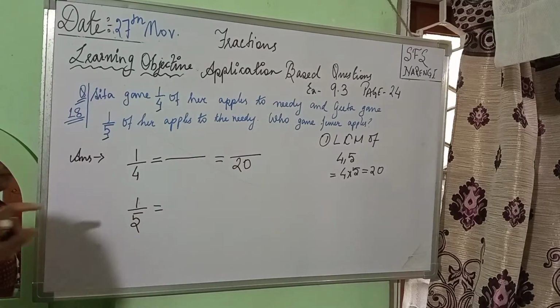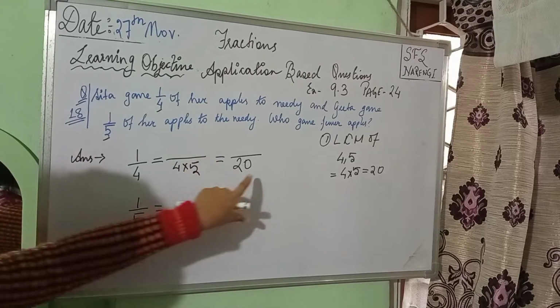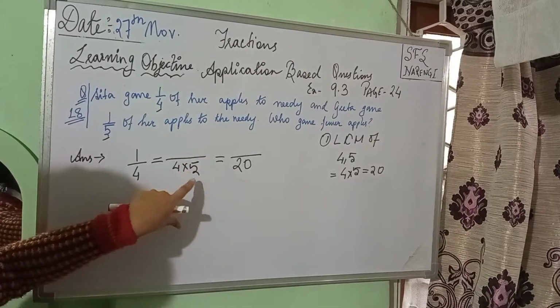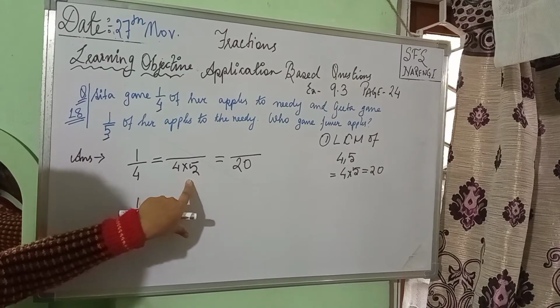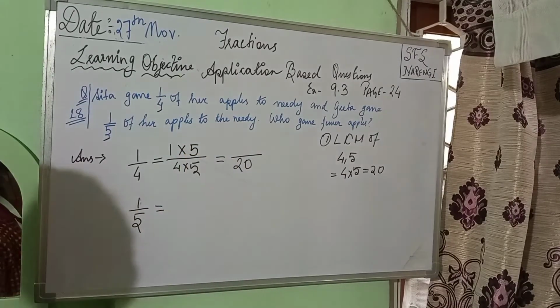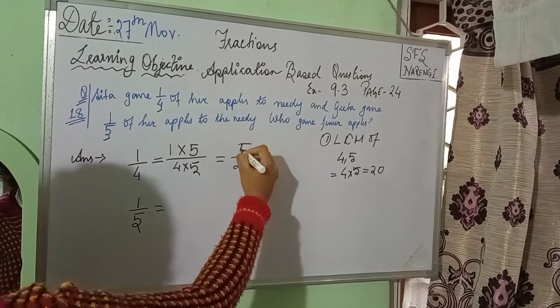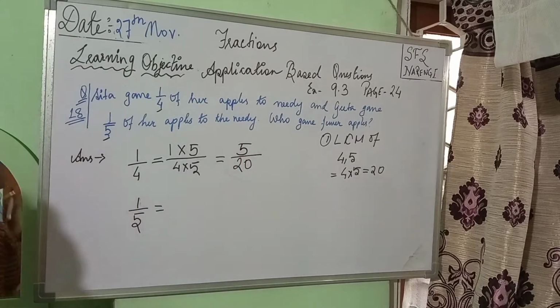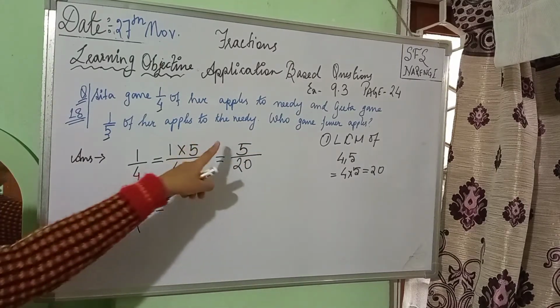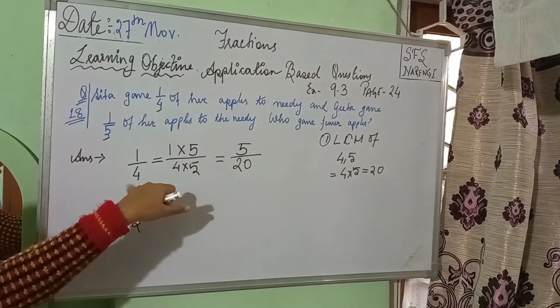So if I multiply 4 with 5, I'll get the denominator 20. Since I'm multiplying the denominator by 5, I will also multiply the numerator by 5. Okay, so once I have multiplied it, how much do I get? I get 5/20. So what it means is that, children, 5/20 is an equivalent fraction of 1/4.